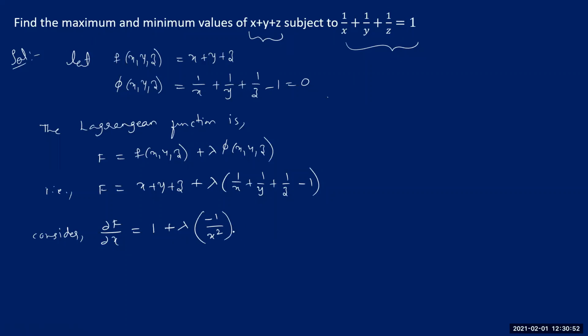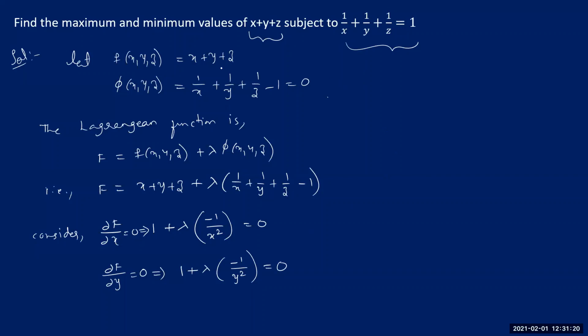Let me also equate this to 0 here itself, so that things become easy for us. I'm equating this to 0. Next, if you differentiate F with respect to y and equate it to 0, you get 1 plus lambda times minus 1 by y square equals 0.